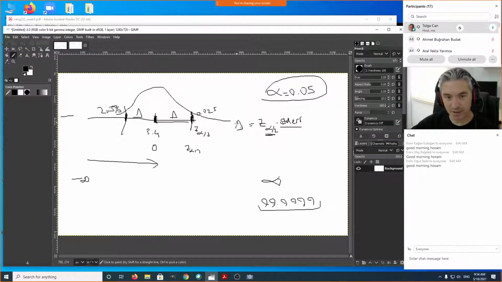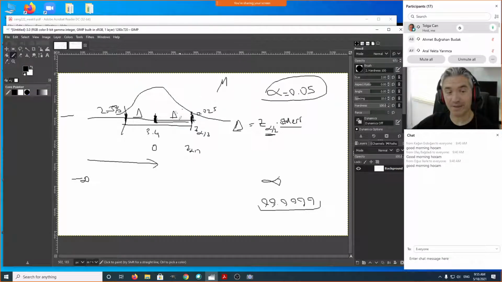So this is our margin, and basically, instead of saying 3.4, we build a confidence interval around our estimate, centered at our estimate. And we say that this confidence interval includes the real population parameter mu.